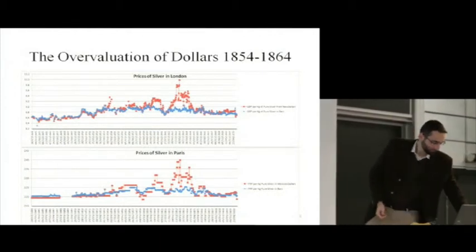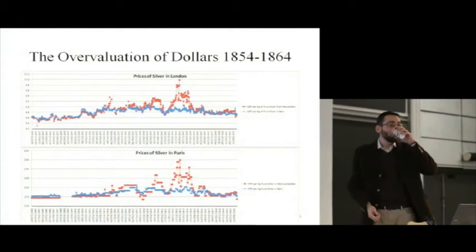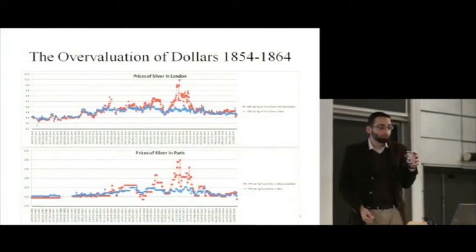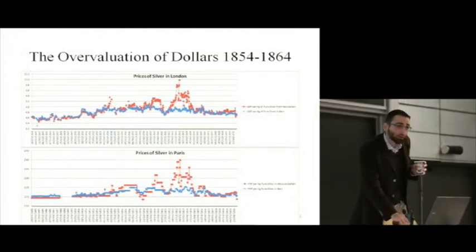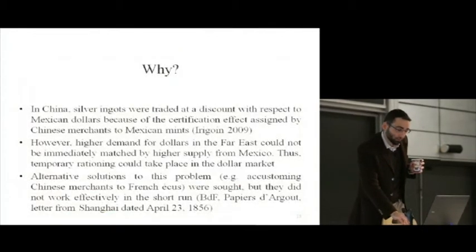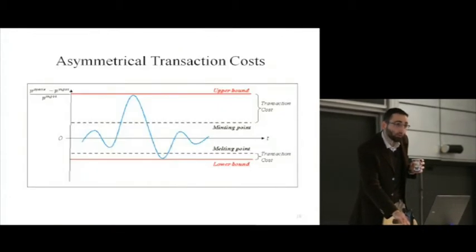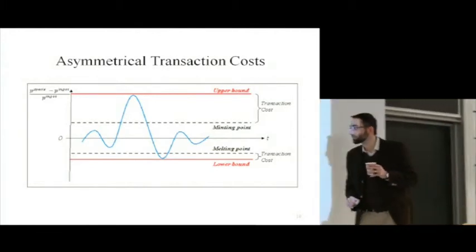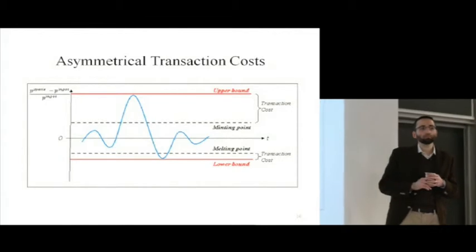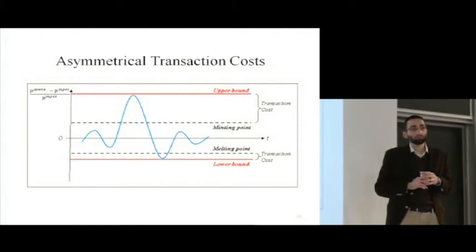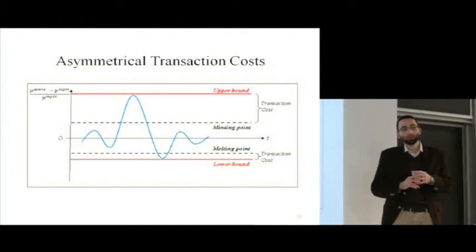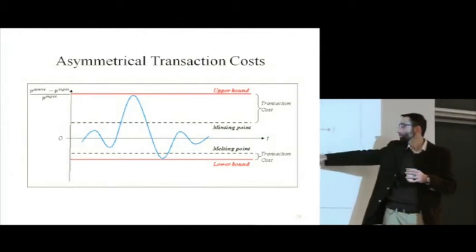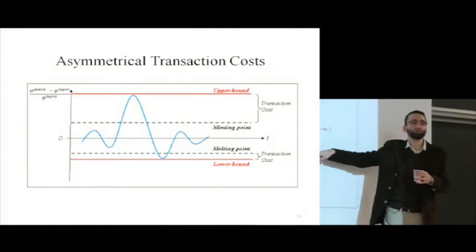But you also showed another graph in which your blue line, the value of the silver coins, dropped below melting point. Is that because of the costs involved in turning them into ingots again, or what's the explanation for that level below the melting point? I think this is the pure melting point.